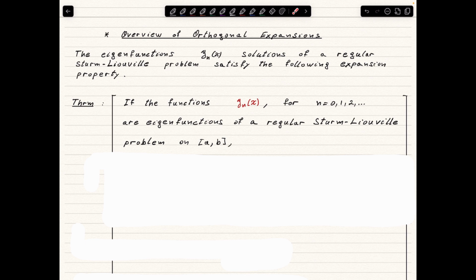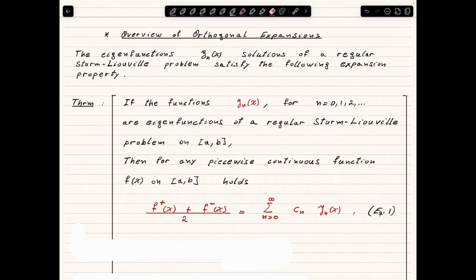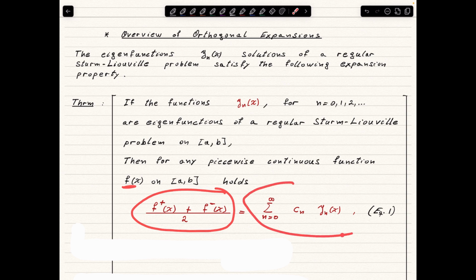This is the general case. Then, for any piecewise continuous function f of x in that interval, the following equation holds. And here we have an equation that contains on one side the function f, on the other side the eigenfunctions yn.